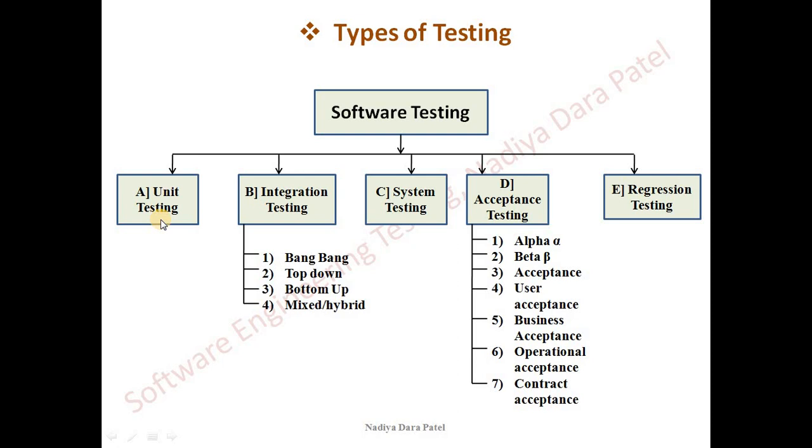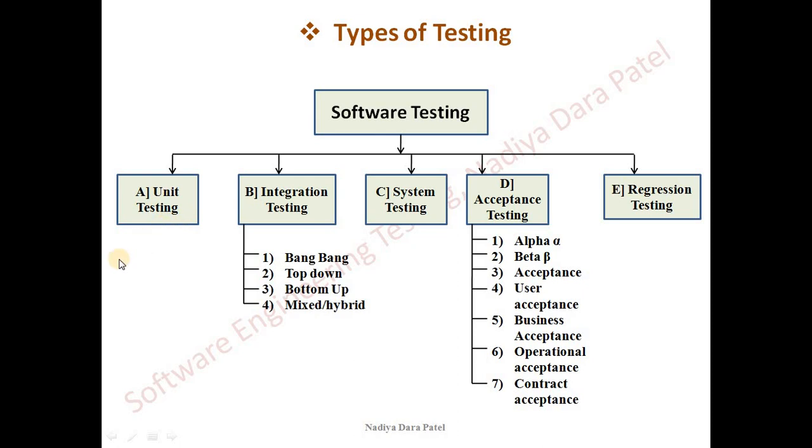Now let us take the final look at the subtypes of these testing. Unit testing is just one single module. There are no further types under unit testing. On some websites and from some content creators, I saw white box and black box testing listed as types of unit testing, which is completely wrong.